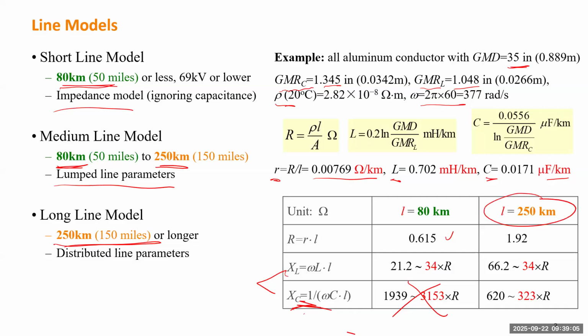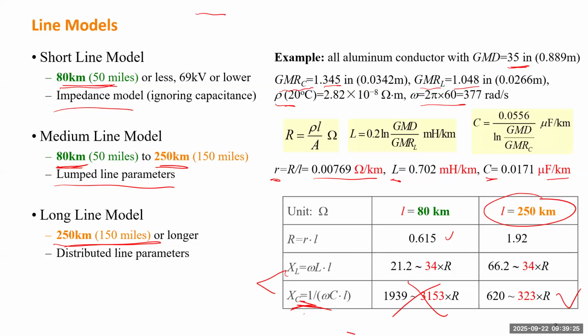But when the line becomes 250 kilometers, you see the capacitive reactance is only 300 times R, only 10 times the inductive reactance. So this one needs to stay for most cases, because otherwise the error is too much.